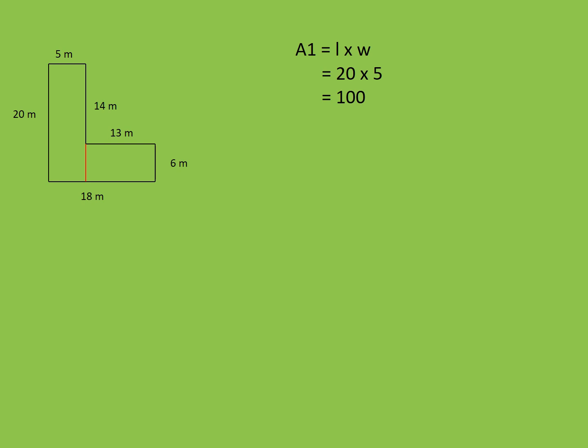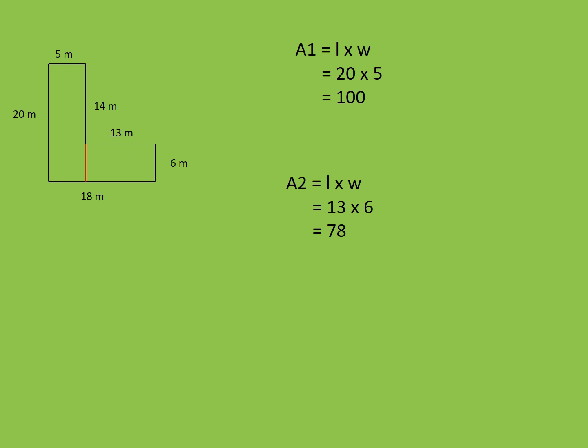Start off with, we're going to get the area of this rectangle right here. Area 1, we're going to call that, is length times width, which is 20 times 5, which is 100. We've now got the area of that rectangle. Now let's get the area of this rectangle.